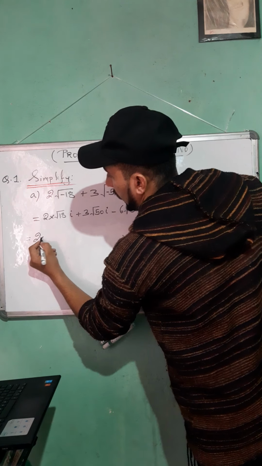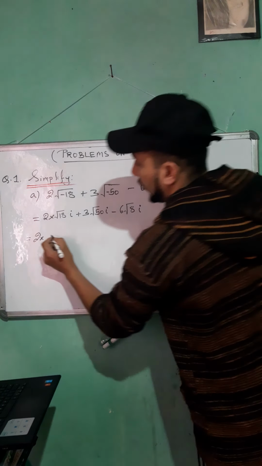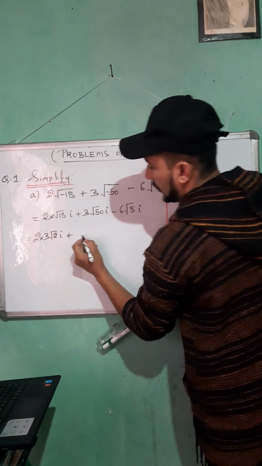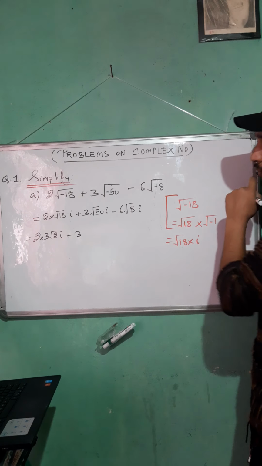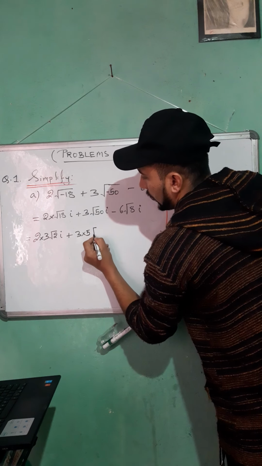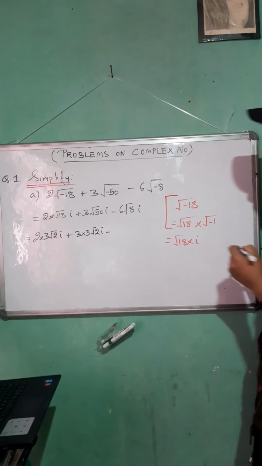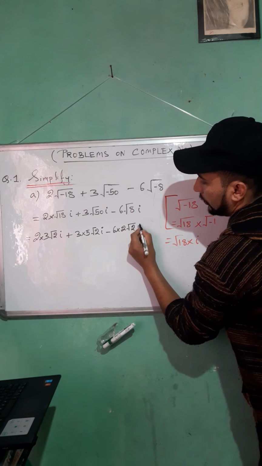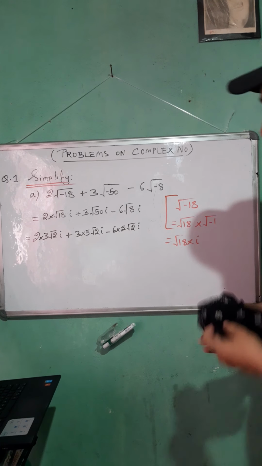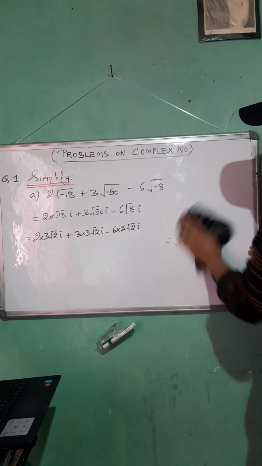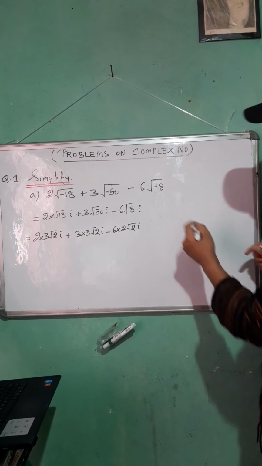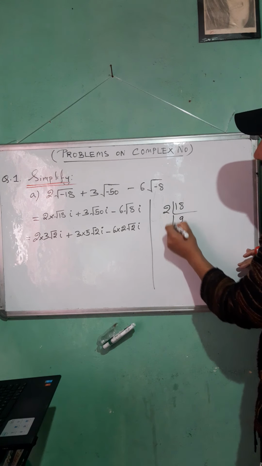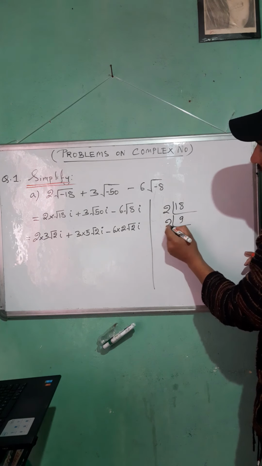So 18 means 9 into 2, 9 means 3, so 2 root 2i becomes 3 root 2i... that is, 2 times 3 root 2i, plus 3 times 50 means 25 into 2, 25 means 5, so 3 times 5 root 2i, minus 6 times 8 means 4 into 2, so 6 times 2 root 2i. This simplification I have done like this. You know how to simplify that one. Root under 18, you have to factorize it: 2 9s are 18, 3 3s are 9.